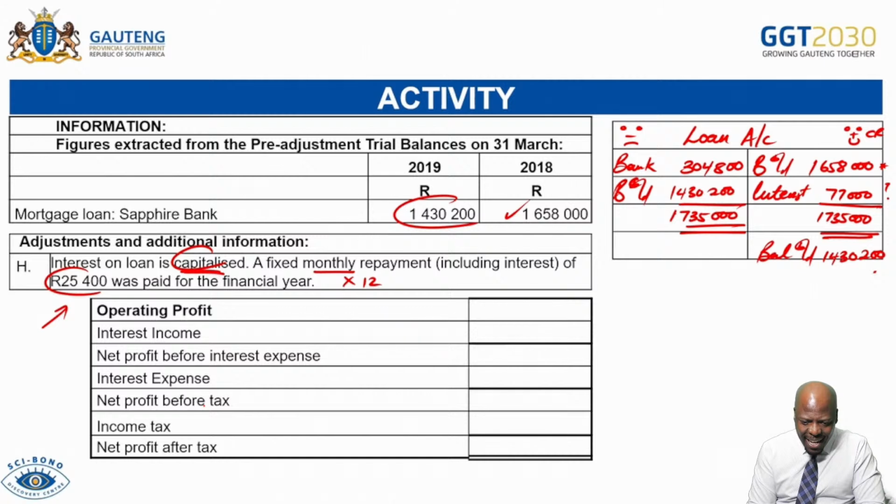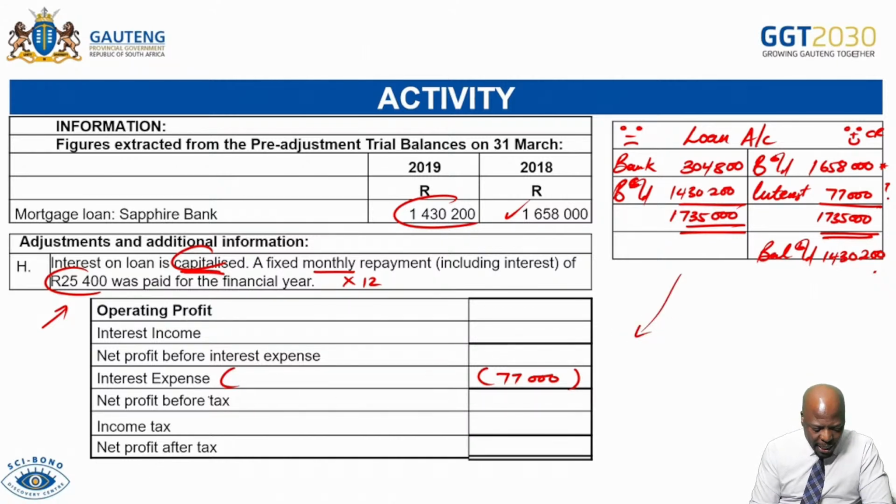So I can now say interest expense. My interest expense in brackets is 77,000. You can show your calculations over here because you already understand what is happening there.